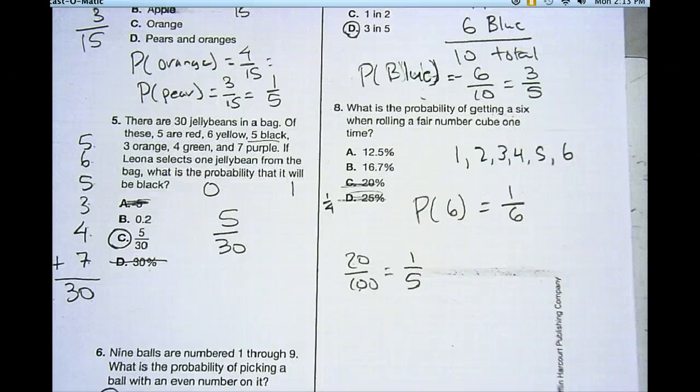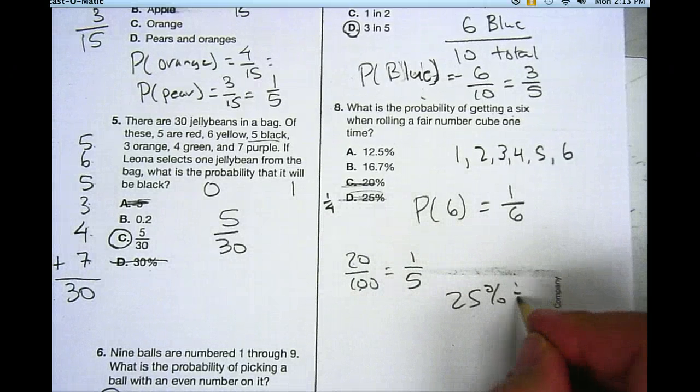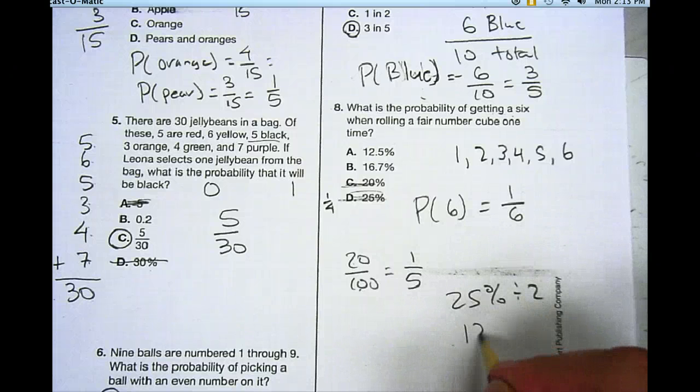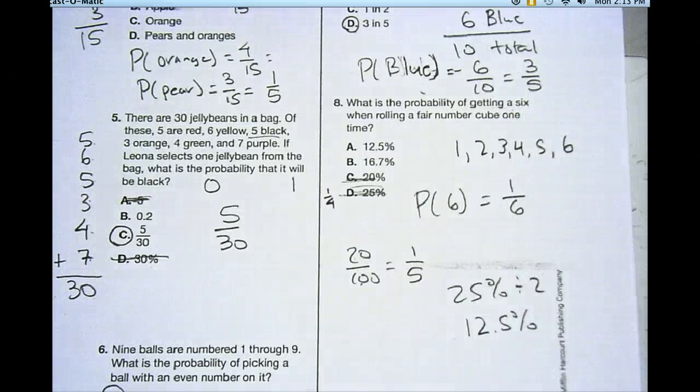Now 25% is 1/4, and half of 25%, if I take 25% and divide it by 2, I get 12.5%. Because that's 25 divided by 2.